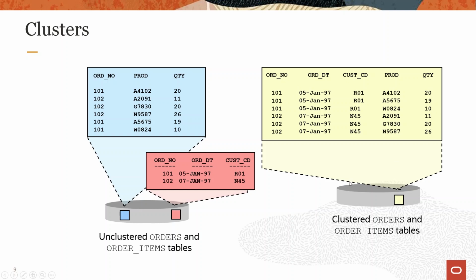No, I only have to scan the cluster that holds the data for the tables orders and order items, in fact. So a cluster is a group of tables that share the same data blocks because they share some common columns and they are often used together, like in this case the orders and the order item tables, in fact.